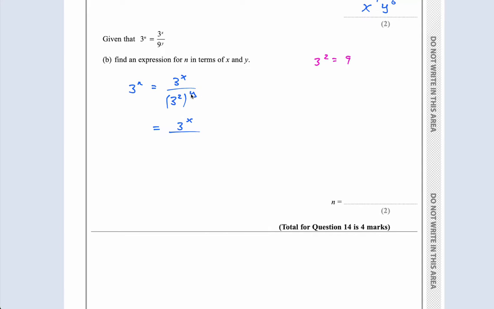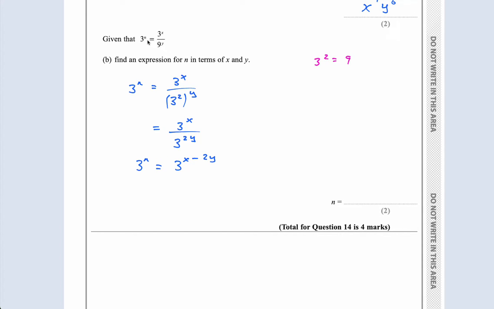Using the third rule of indices, I can multiply the powers. A power to another power, we multiply the powers. So this is just 3 to the power of 2y. And then finally, when I'm dividing with the same base, which is 3, I just subtract the powers. That's the second rule of indices. So it's x minus 2y, and this is 3 to the power of n.